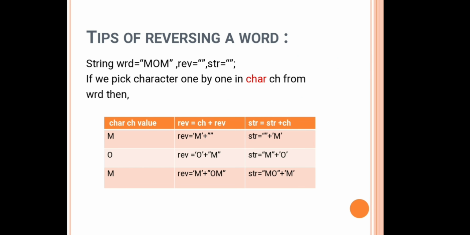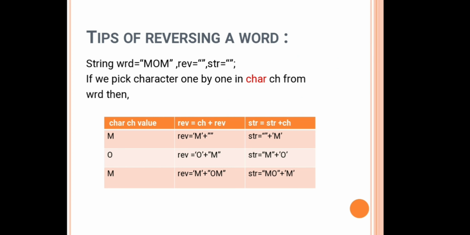If I am picking the first M from the 0th position and placing it, the statement is REV equals CH plus REV. First of all, REV contains nothing, and CH contains M. If I concatenate both of them, REV gets the value M. But if I write str equals str plus ch, then what will happen?